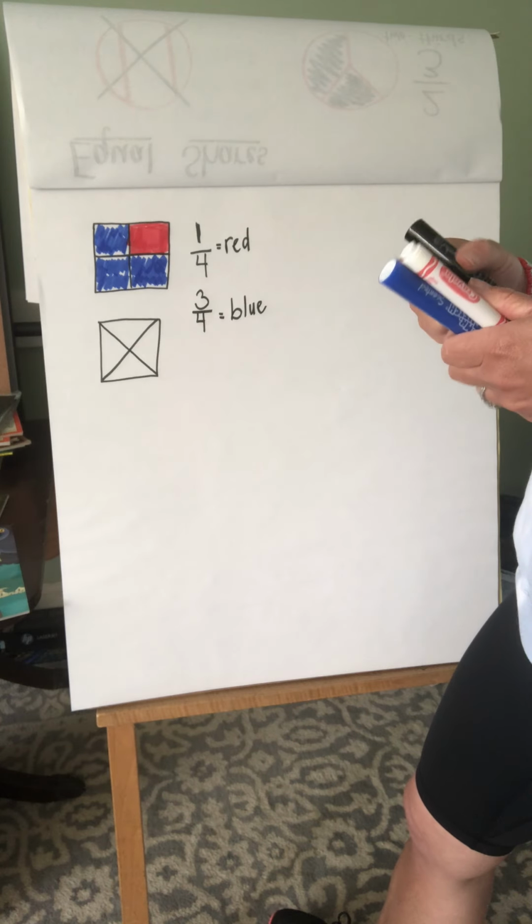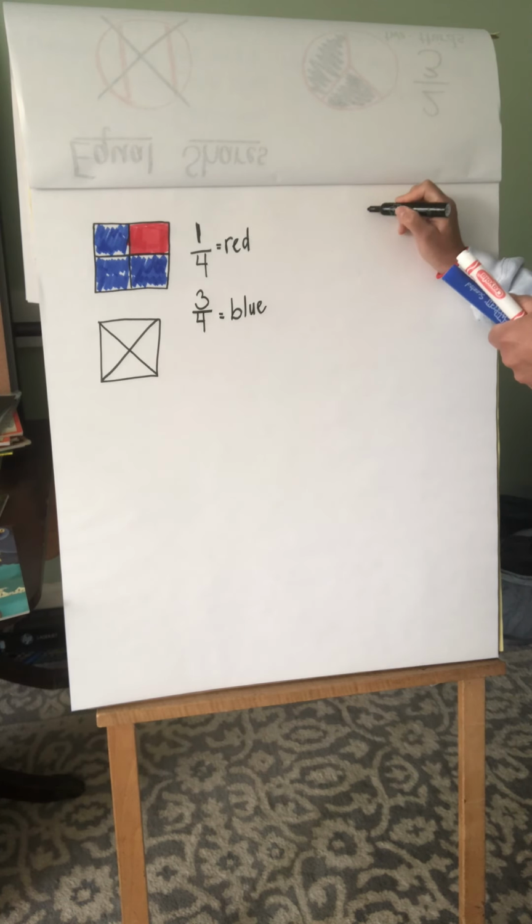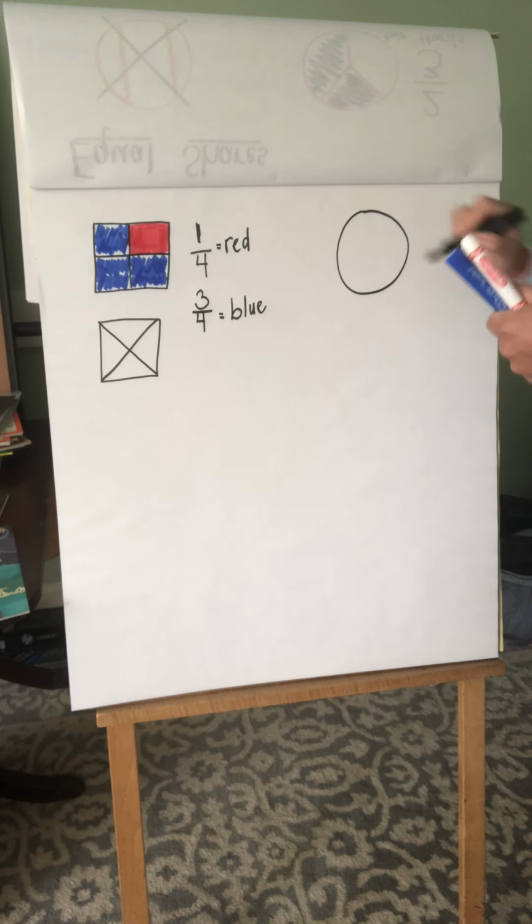Good. All right, let's draw a circle now. Go ahead, draw a circle. And could you please make that circle into thirds? Make 3 parts.